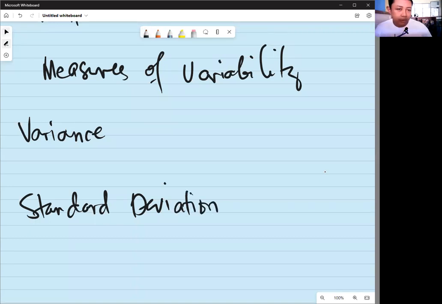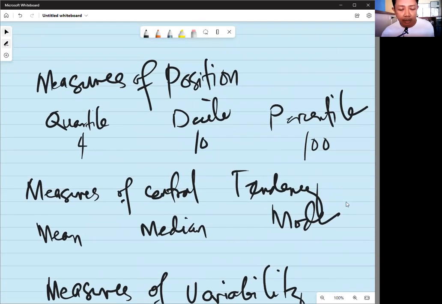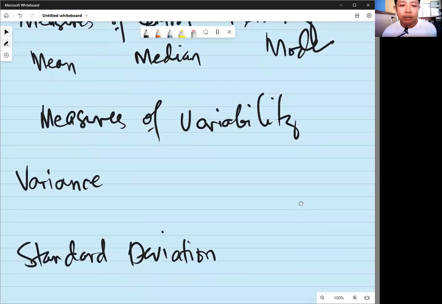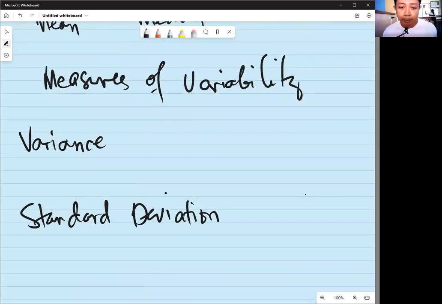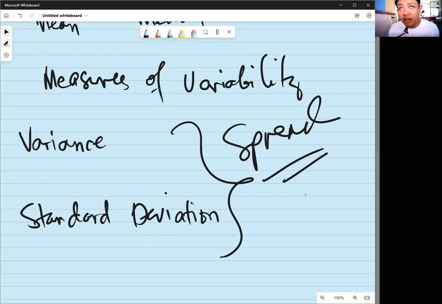So if the measures of position tell something about the position of the data, and the central tendency focuses on the centrality of the given data, for the measures of variability, we will be talking about the spread of the given data. The spread, meaning is it widely spread or not?